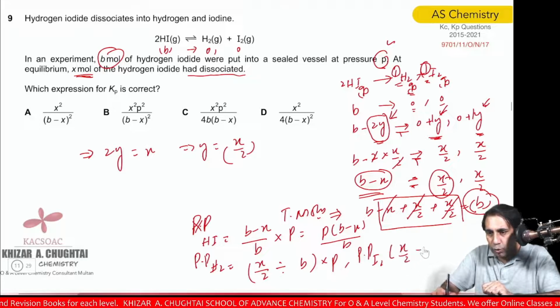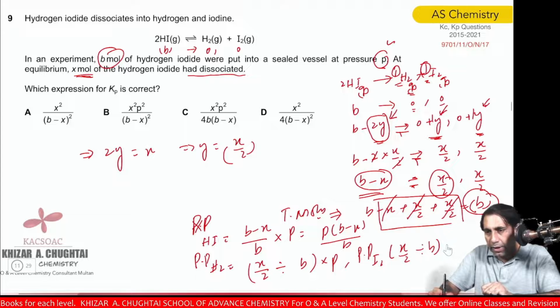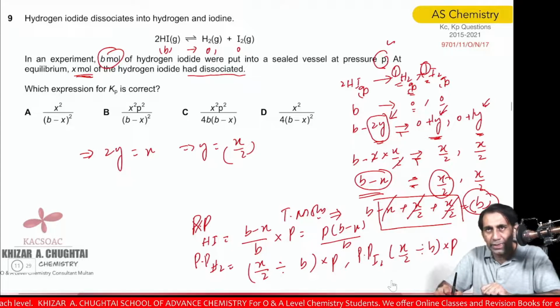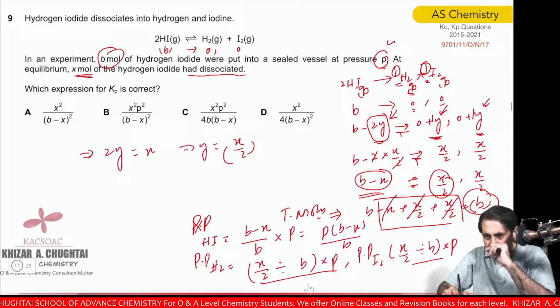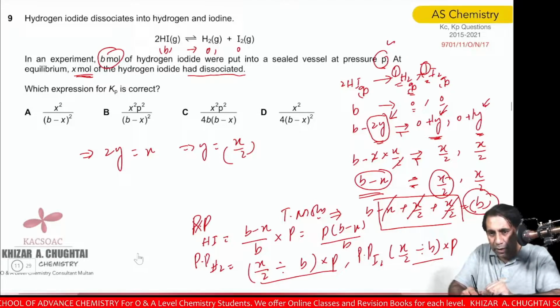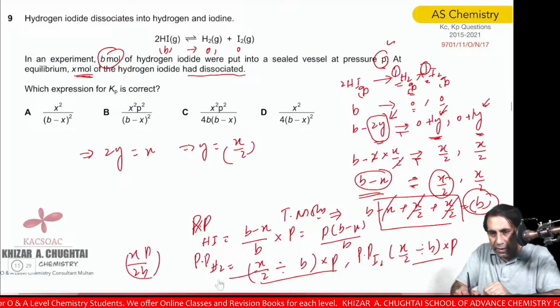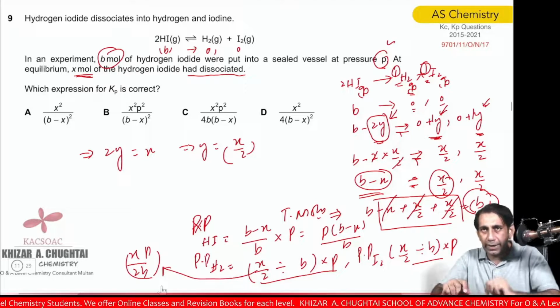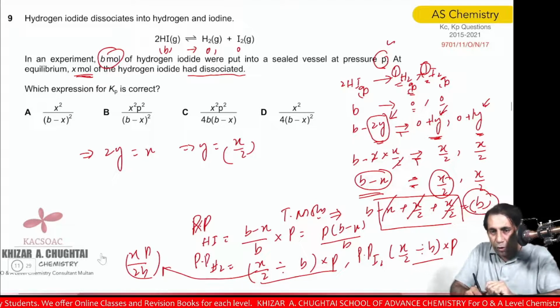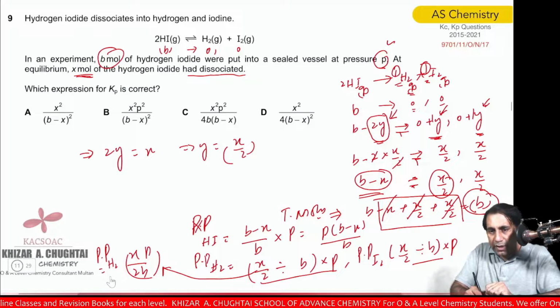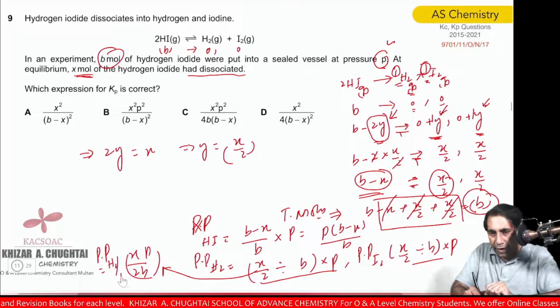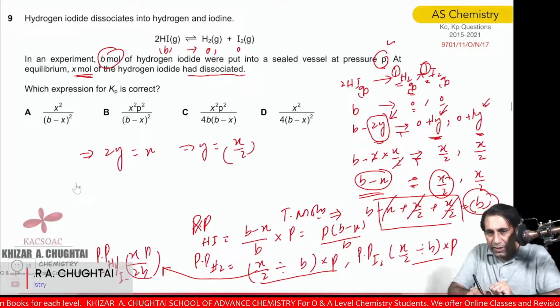X by 2 divided by B into total pressure, that is P. So we are having this sort of expression. We can simplify this expression as well, X by 2B into P. This can be expressed like that. So it's the partial pressure of hydrogen, and it's also the partial pressure of iodine as well. So I'm going to find the answer of Kp.